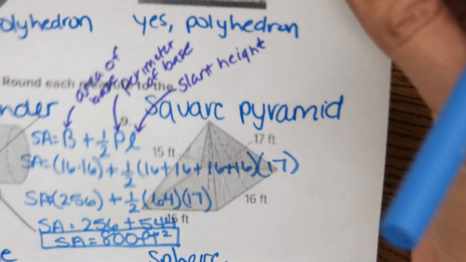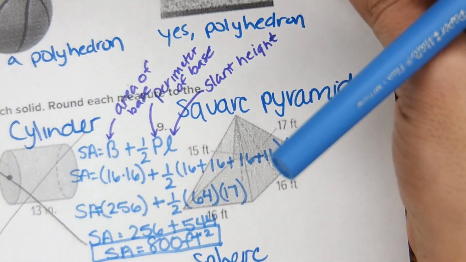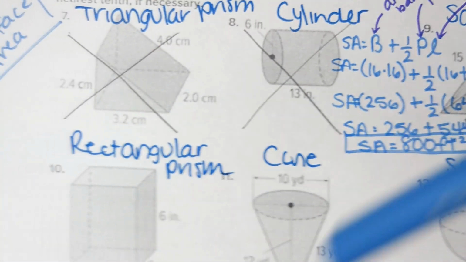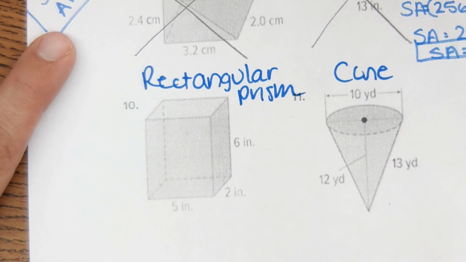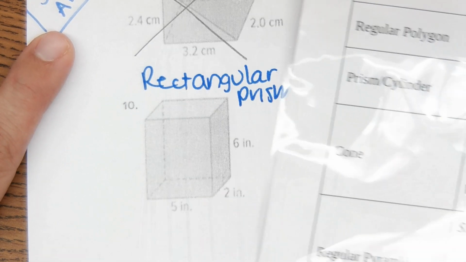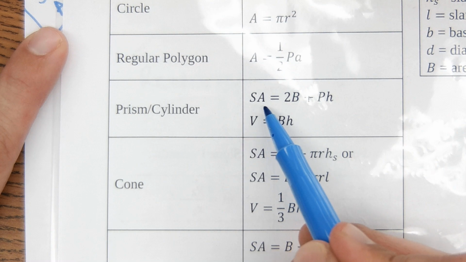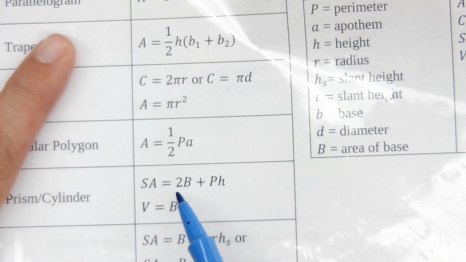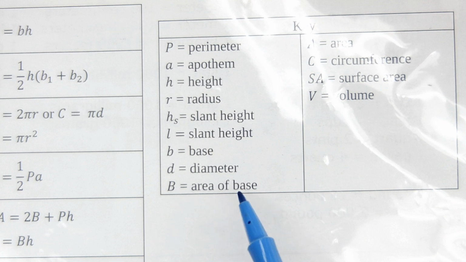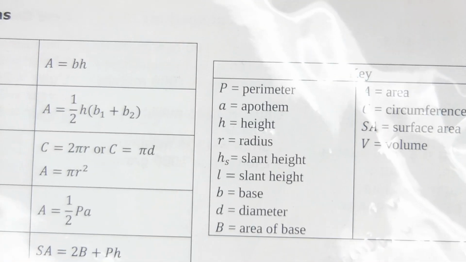Okay. Next, number 10. We have a rectangular prism. Again, we're finding surface area, so I'm going to look at the reference sheet for prism. Surface area is right here. And if you forget what those letters mean, you have the key right here. So B is area of the base, P is perimeter, and so on.